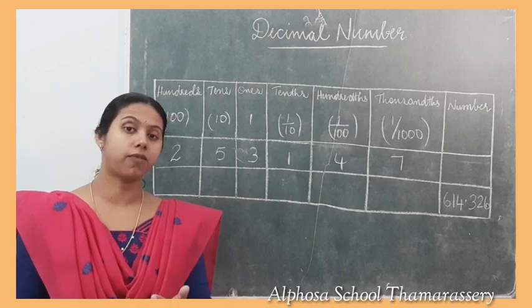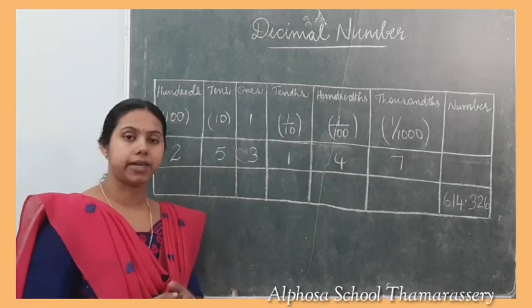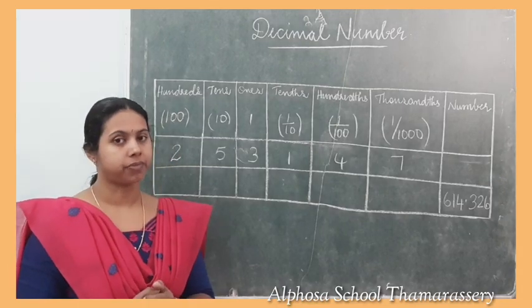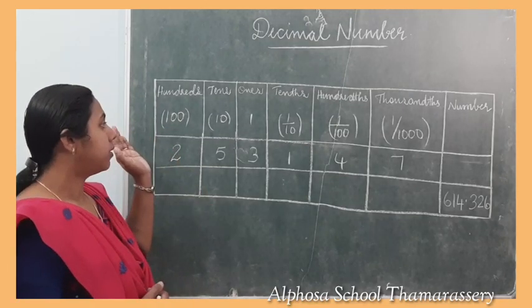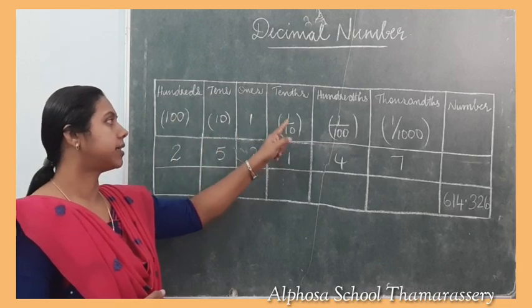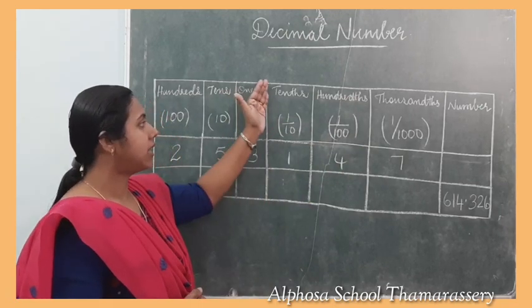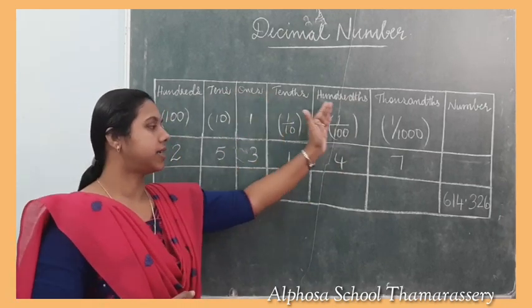The place values of the digits in the decimal part are tenths, hundredths, thousandths, etc. Here we know the place value chart: hundreds, tens, ones, tenths, hundredths, thousandths. From tenths onwards, it's the decimal part.